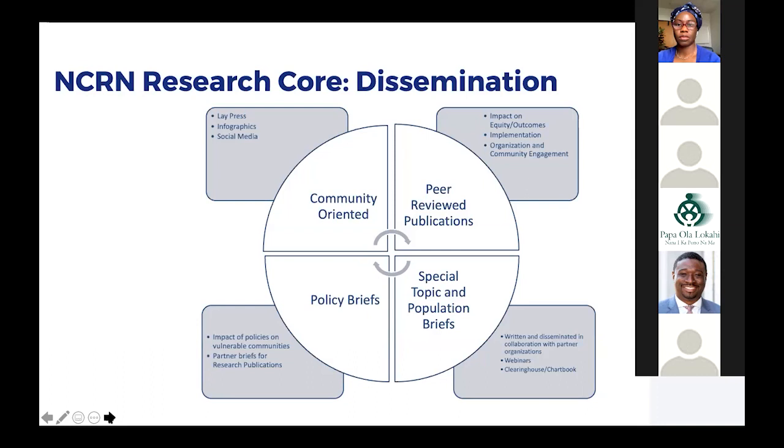We hope that every scholarly work or brief or policy brief will also have a community-oriented component, so that we can disseminate this work broadly across the wide group of partners that we have in the NCRN.